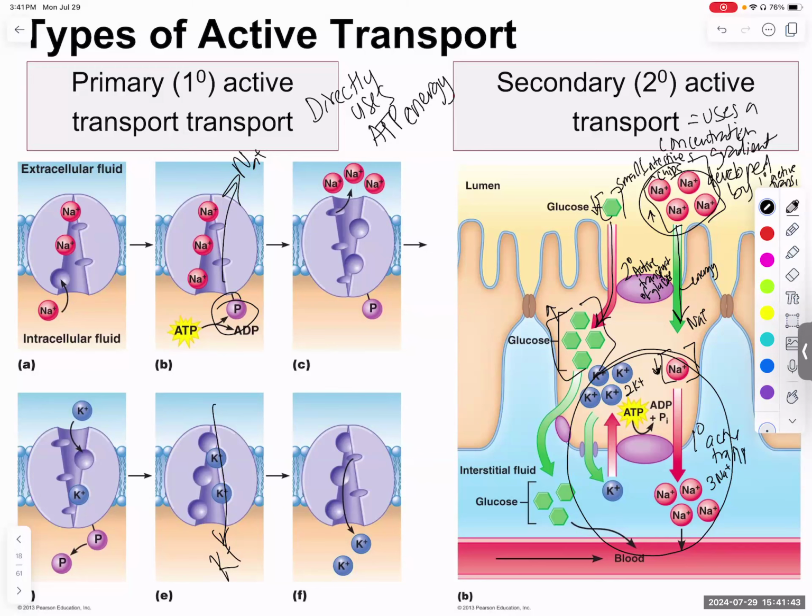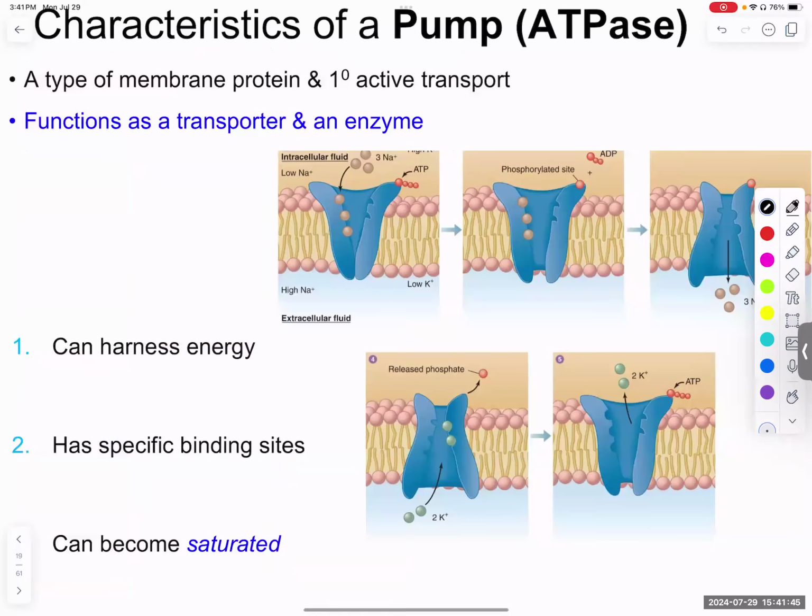So we will go over this concept a number of times, don't worry. So ATP is pumped, uses energy. There's only so many of these, and so when they're 100% saturated, that's as fast as the transport can happen.